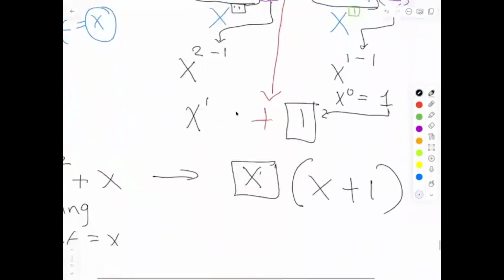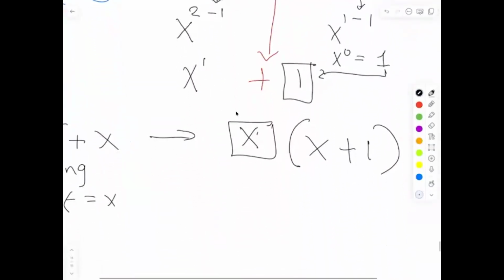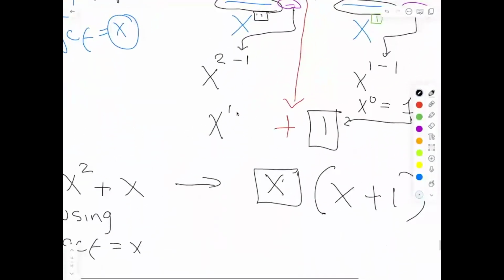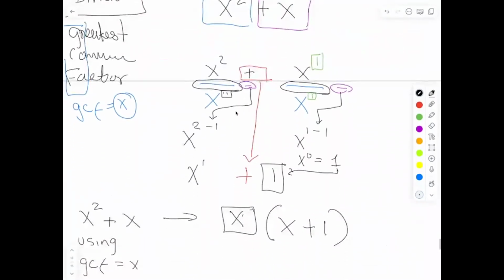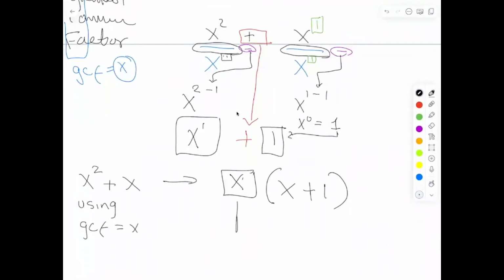And what is that? Well, in this case, it's x. And when we extract x, our greatest common factor, this is going to give us x to the first power, and I'm going to end up with a positive 1. And I am accounting for this because this is my greatest common factor. x is the greatest common factor for x squared plus x. All right, so now that is division.